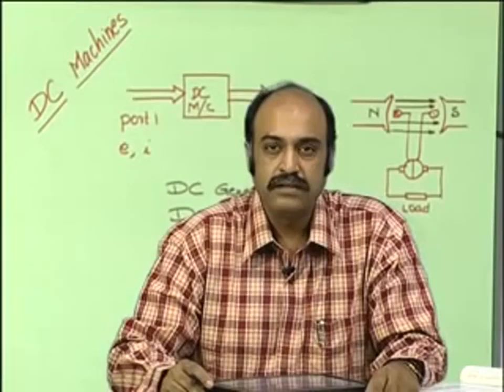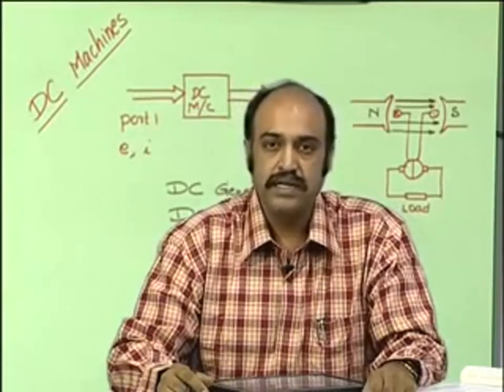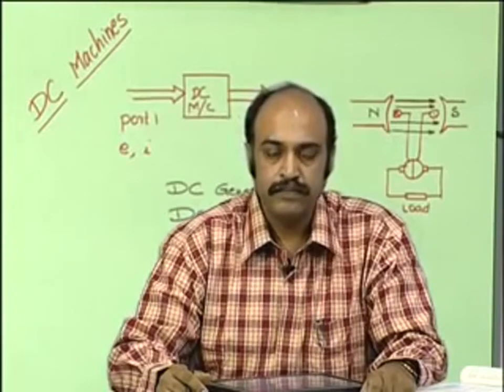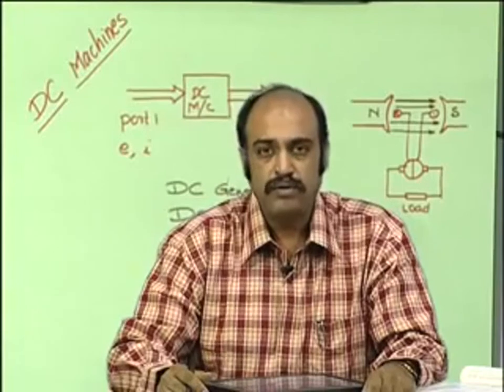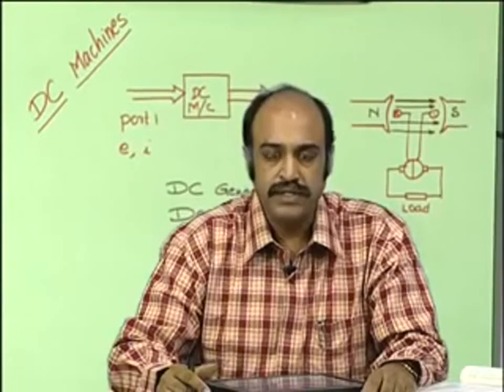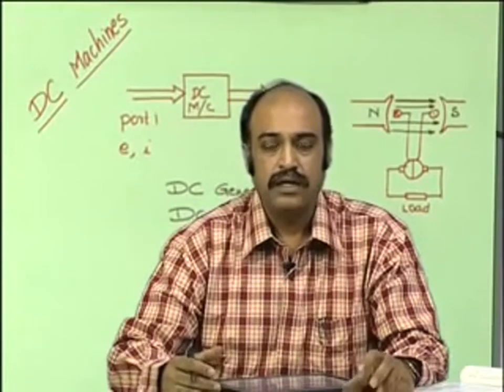In the last class, we were discussing the DC machines and in particular the DC generator. We discussed the structure of the DC generator, and how a DC voltage, the unidirectional voltage, is obtained.